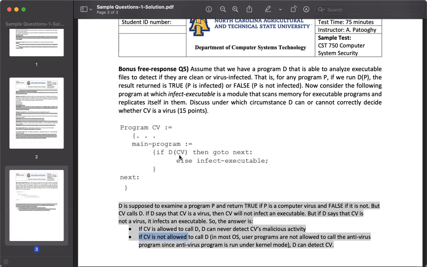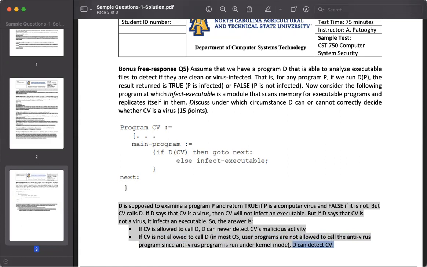This action by itself, regardless of whether it then infects the executable file, can be considered a malicious request or malicious activity. So if CV is not allowed to call D, which is the case in most operating systems, D can easily detect CV. So this is the answer to this question.